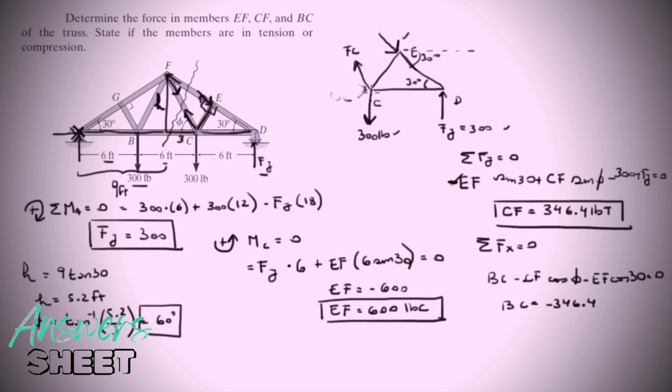We just corrected BC. BC is equal to 346.4. If it's going to the right and this one's going to the left, that means it's in tension. Final answer for BC, for CF, and for EF.